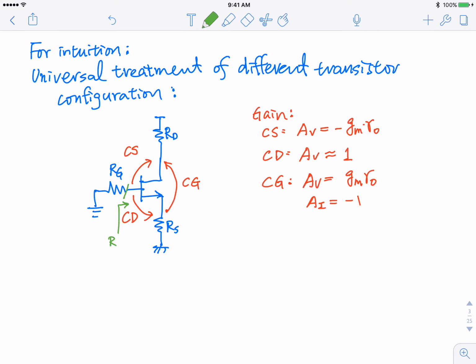I'll call this RG. I don't know if it will be input or output, so it's just a terminal impedance. So RG, looking into the gate, for MOS, the gate is insulating, so it's always infinity.